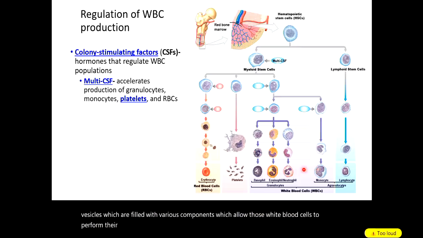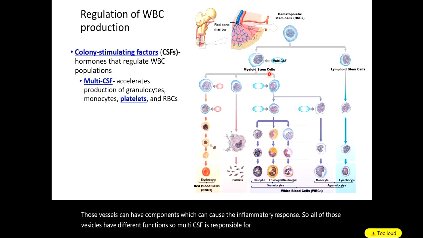In the case of neutrophils, it could be bactericidal compounds and other lysosomal enzymes. In the case of basophils, those vesicles can have components which cause the inflammatory response. So all of those vesicles have different functions. Multi-CSF is responsible for the synthesis of granulocytes, monocytes, platelets, and red blood cells.